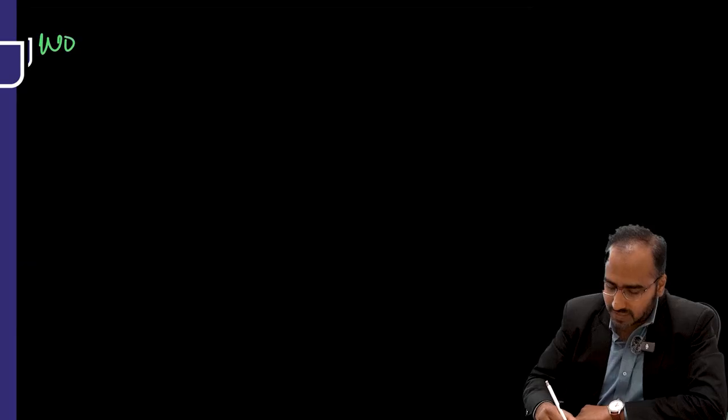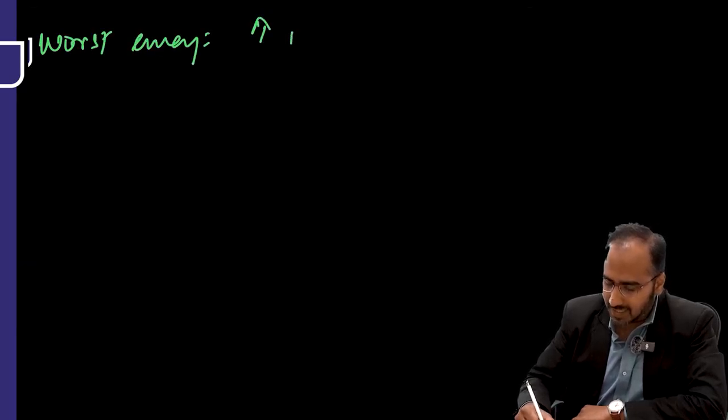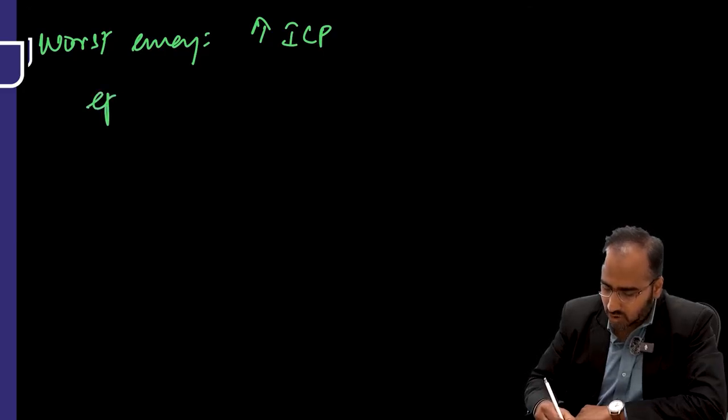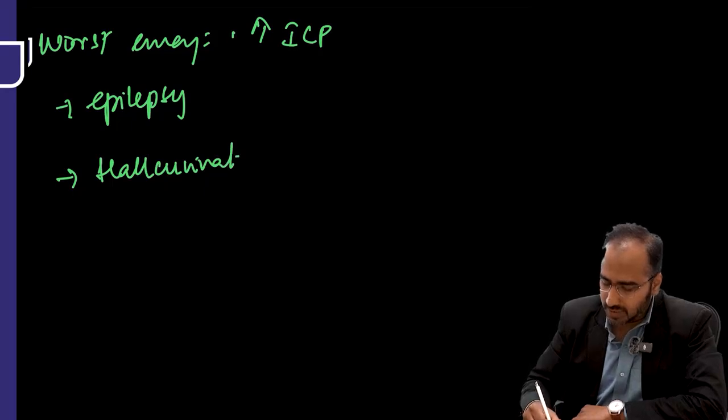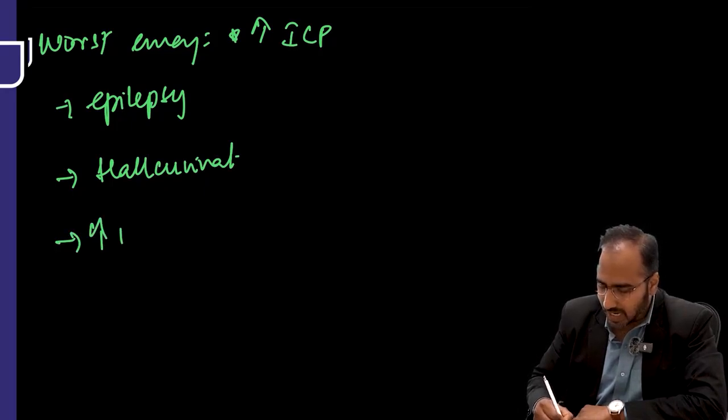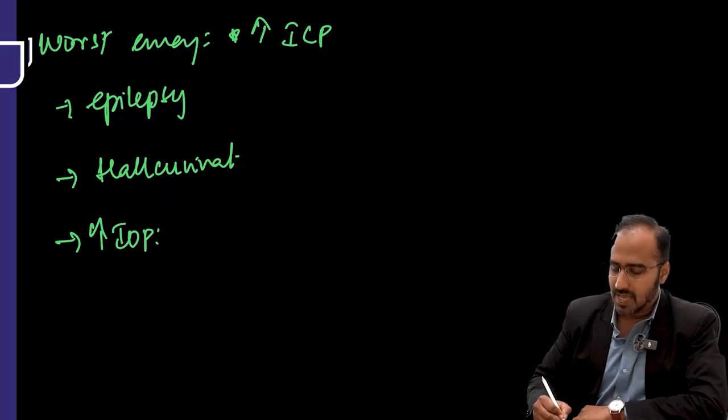Why is it the worst enemy? First, it increases the ICP. Second, it causes epilepsy. Third, it causes hallucinations. Not only does it increase ICP, it also increases the IOP, intraocular pressure.